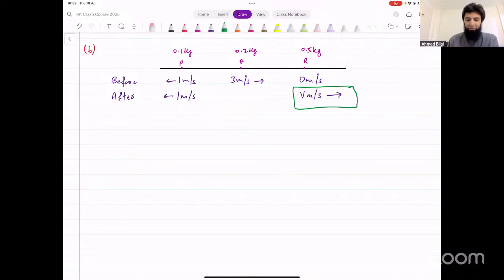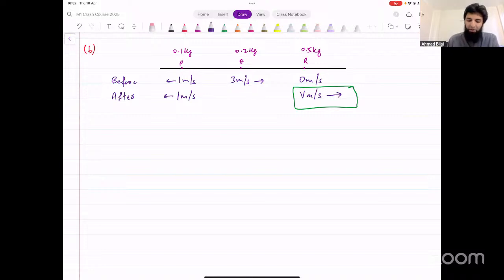Let's suppose Q is moving towards the right side at any velocity. Let's say Q after the second collision starts moving towards the right. Now, can P and Q collide in this situation? P is moving towards left, Q moves towards right. That means they're not going to collide. So if Q is moving towards the right side, then there can be no collision.